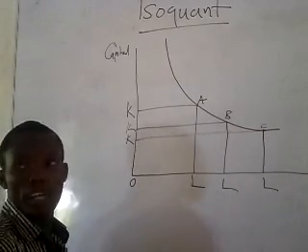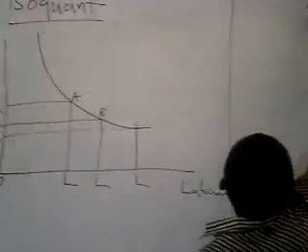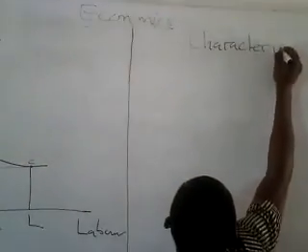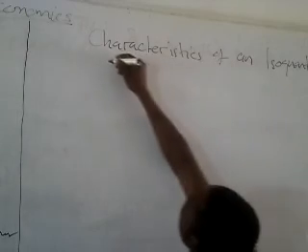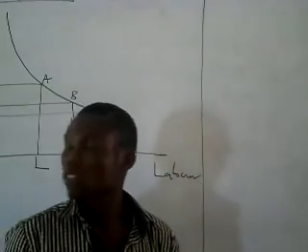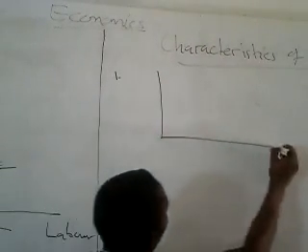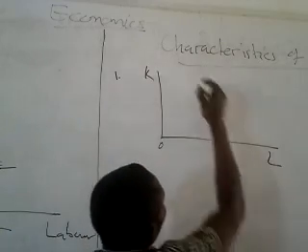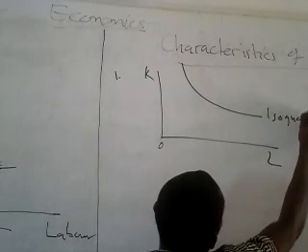We are moving on to the characteristics of an isoquant. One feature of an isoquant is that it slopes downward from left to right. This is an isoquant curve.